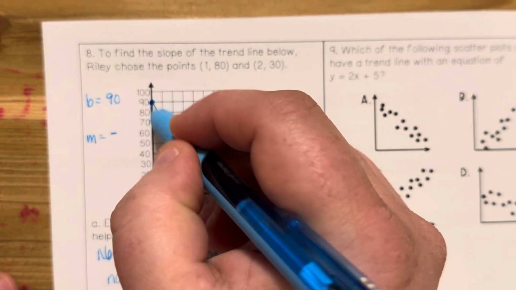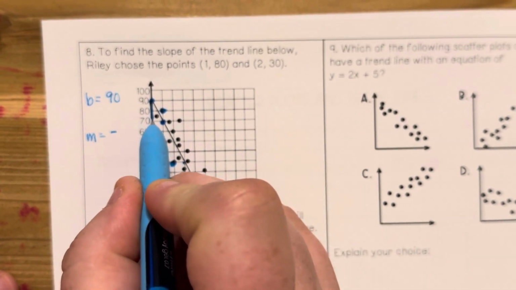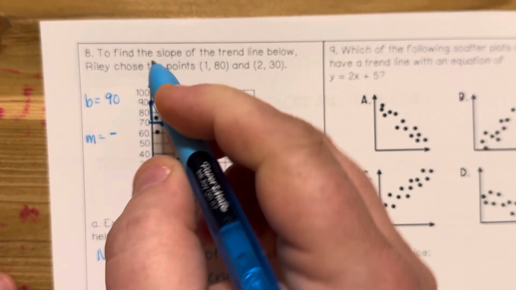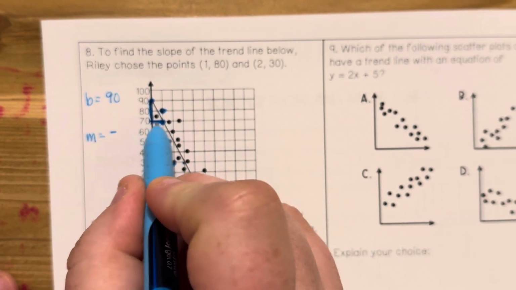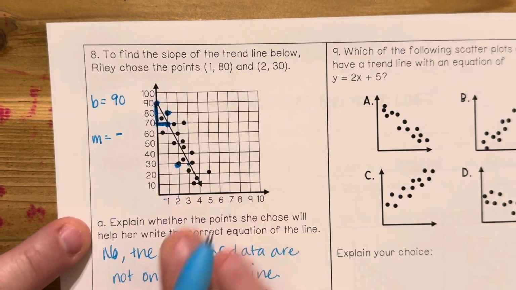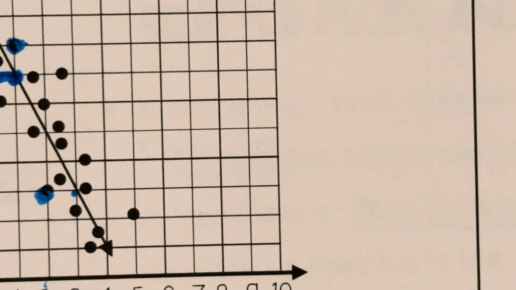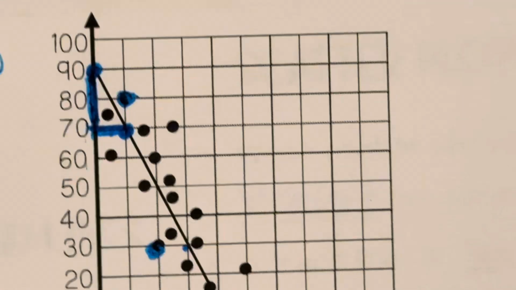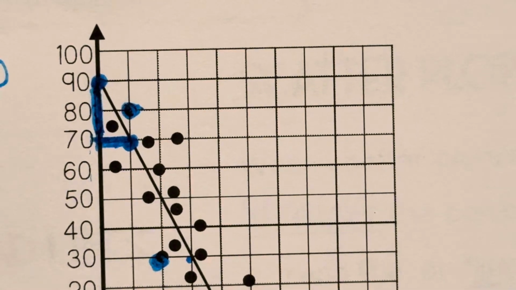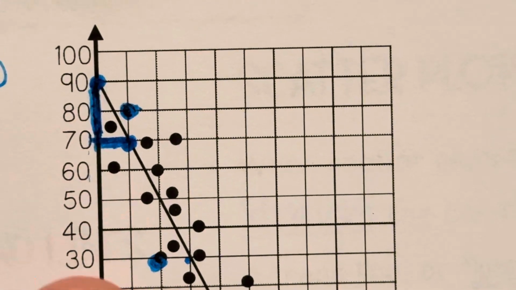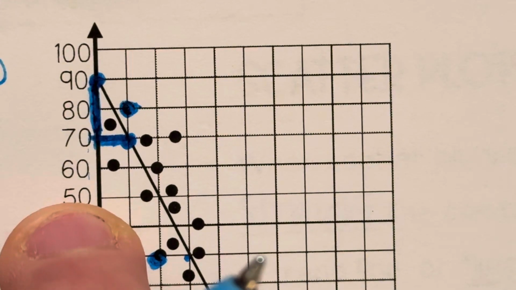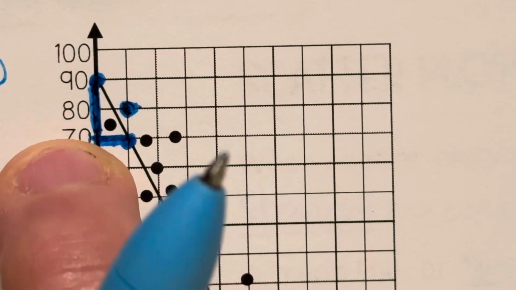Okay? So I'm going to rise, I'm going to go down and over. Rise, over, run. All right. If you notice, I'm going to kind of zoom in for you here. What are they counting by on this scale? Okay. They're counting every line, and every line increases by 10.